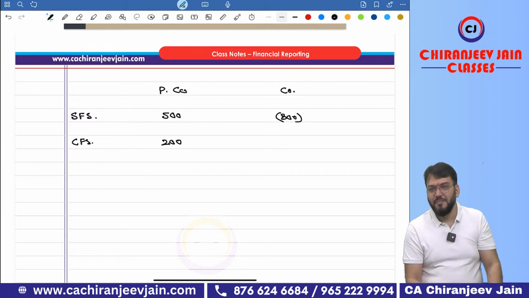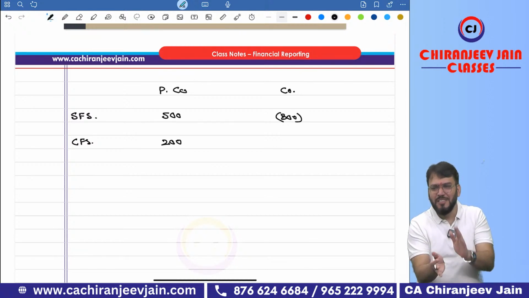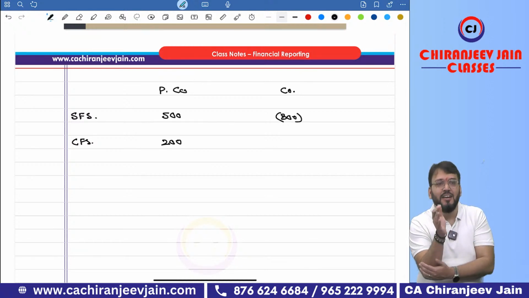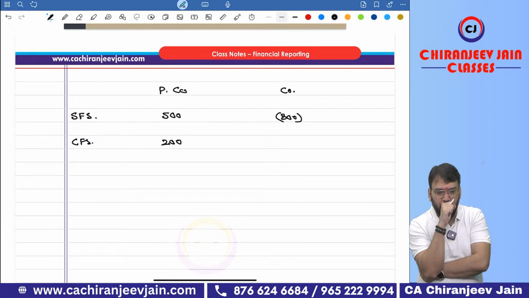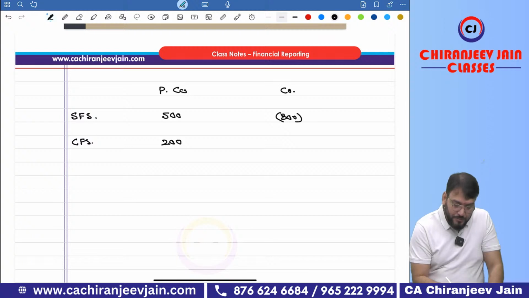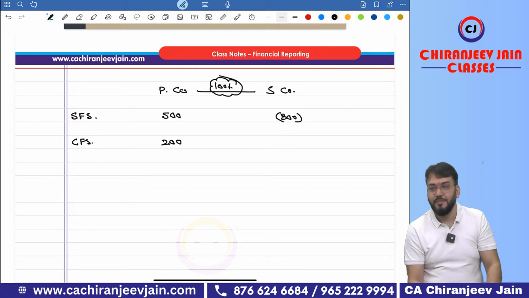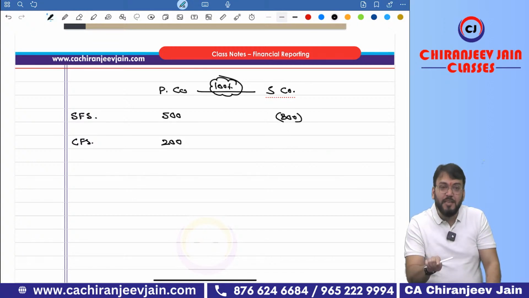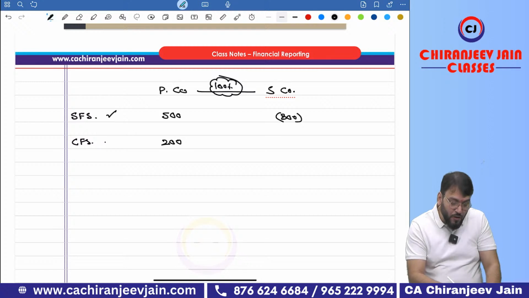We'll combine it, more or less, not exactly, but somewhere near this. If it is 100%, they are holding 100% of the equity share capital of the subsidiary company. Now, Ind AS applicability will be as per standalone or consolidated?